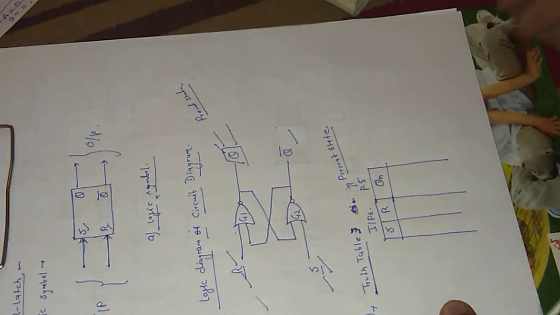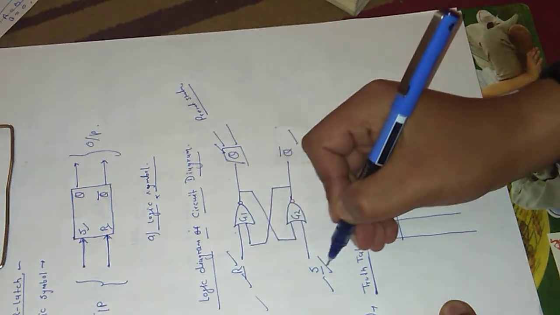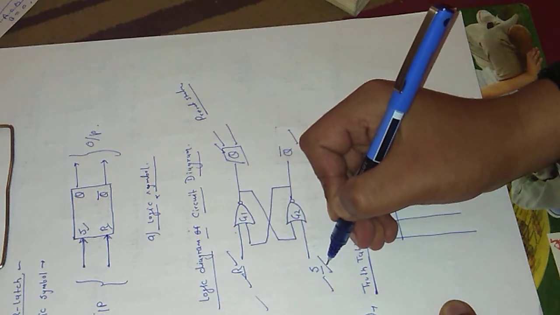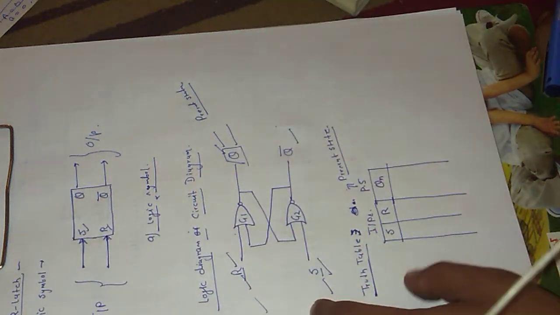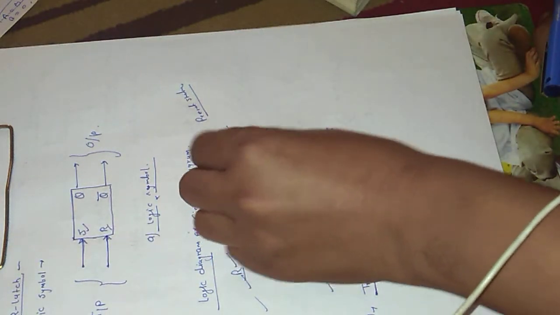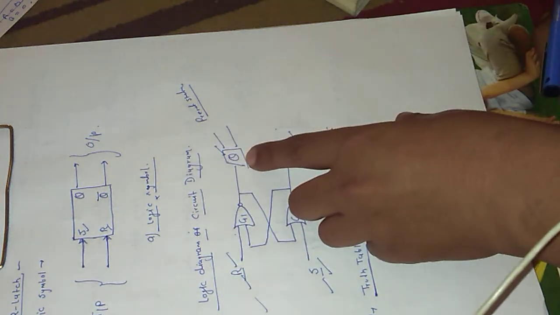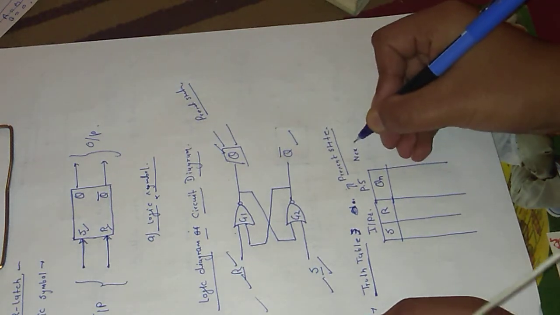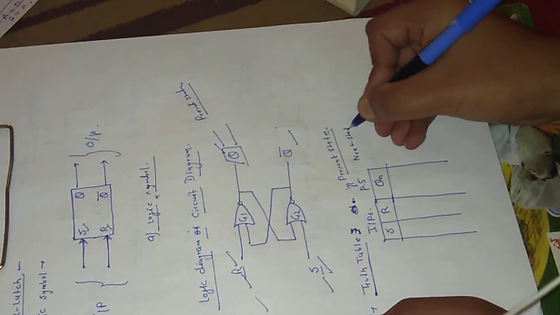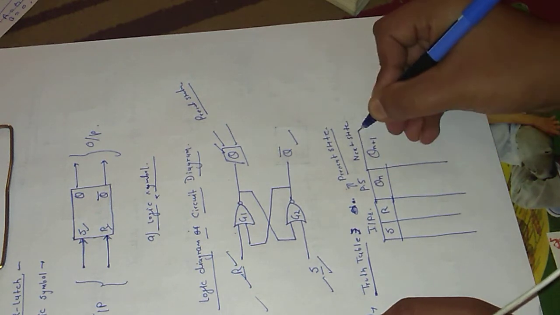And after some time, when we apply the next value of R and S, the value of the output changes. The new value of the output, the new state, is known as the next state, which is represented by Qn plus 1.